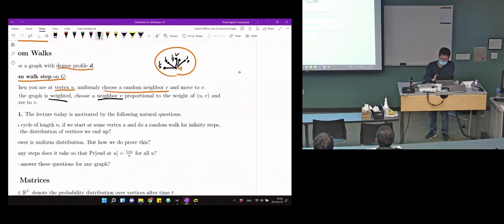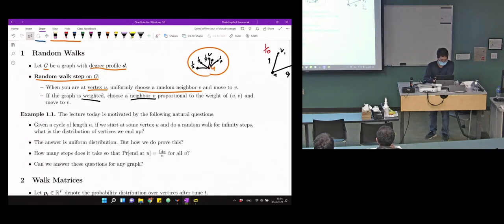So if this is U and these are V1 and V2, and the weights are 1 and 9, then you go to V1 with probability 1/10 and to V2 with probability 9/10. That is the random walk step, and we would like to understand what happens if we do a random walk step many times. What is the distribution of the vertices that we are at?